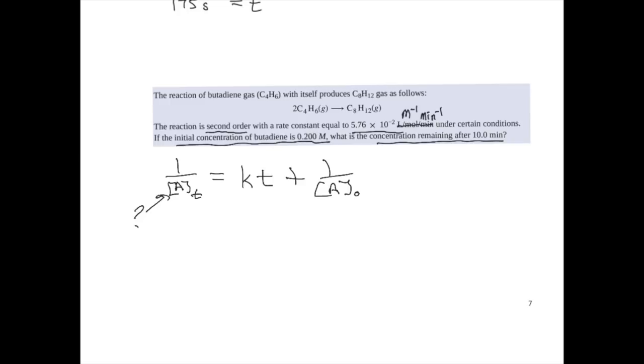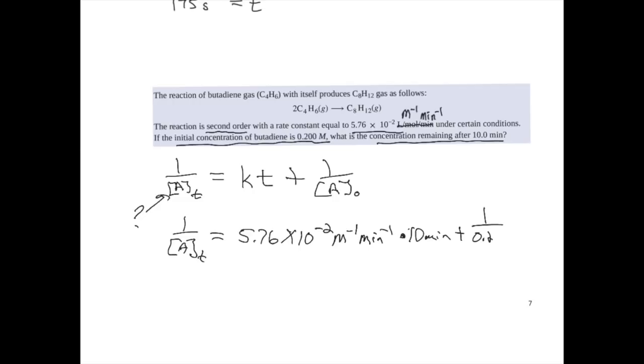Okay, so let's put it in. 1 over A sub t is equal to 5.76 times 10 to the minus second, reciprocal molar, reciprocal minute, times 10 minutes, plus 1 over our starting concentration, which is 0.200 molar. Here, these minutes will cross out because this is 1 over minutes times minutes.